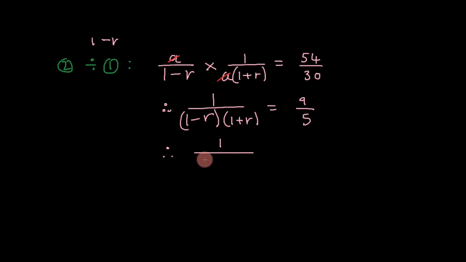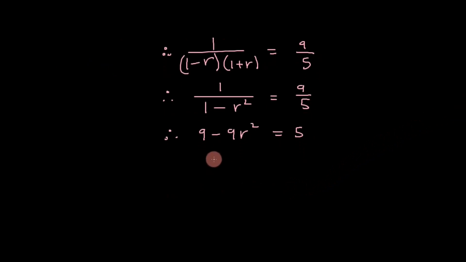It's a difference of squares, so it's 1 minus R squared. We can cross multiply. And 9 R squared will equal 9 minus 5, which is 4. And R squared will equal 9, or rather 4 over 9.